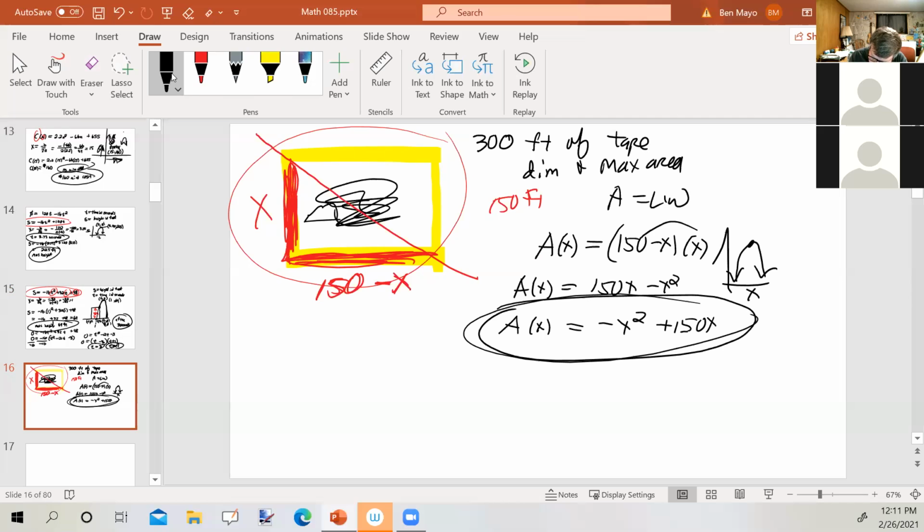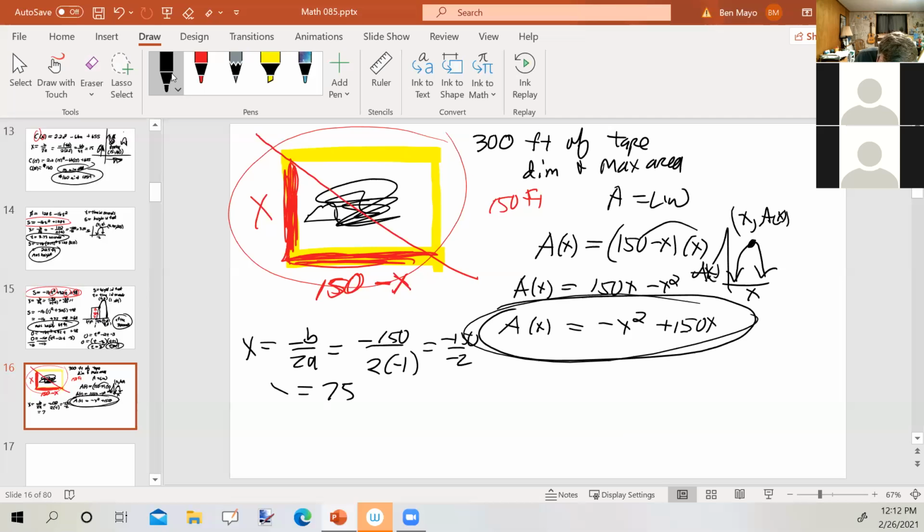This is x. This is A of x. So this is x comma A of x, the vertex. Okay. So to find x, I need the input value of the vertex. So x equals negative b over 2a. B is 150 and a is negative 1. So I get negative 150 over negative 2, which is 75.